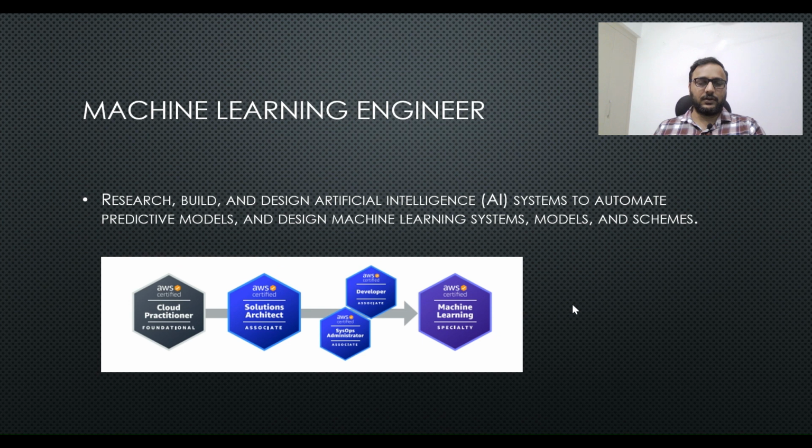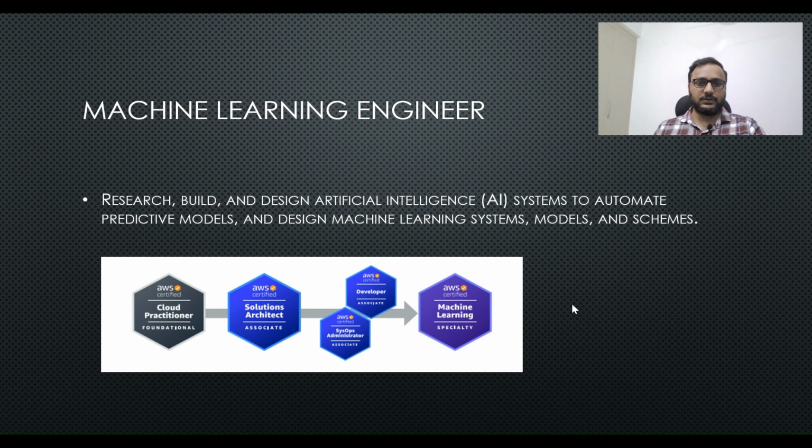Next role is machine learning engineer. They research, build, and design artificial intelligence systems to automate predictive models and design machine learning systems, models, and schemes. For this role, we can do the practitioner exam, then solution architect associate, so that we can get more knowledge about the services.